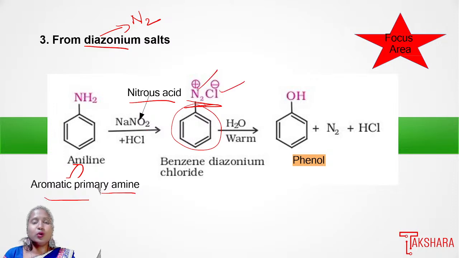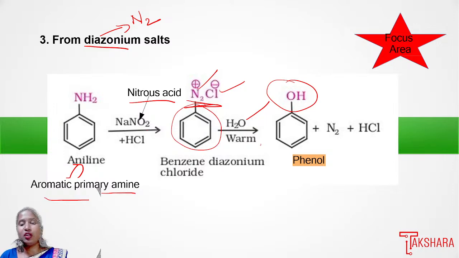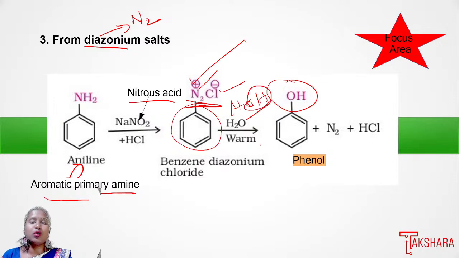Benzene diazonium chloride. When benzene diazonium chloride undergoes the reaction with water and warm, the condition required is warm, then the N2Cl minus is going to be removed and OH is going to attach to the benzene ring, which is called phenol, and N2 is evaporated as a gas. In water we have H and OH. So this OH attaches to the benzene ring and H combines with the Cl.